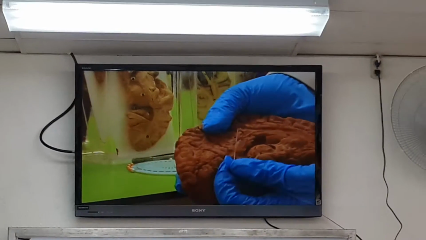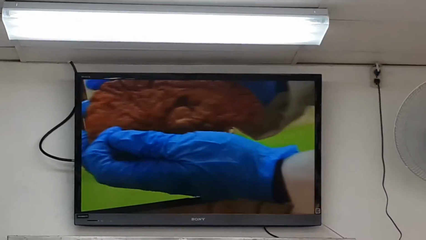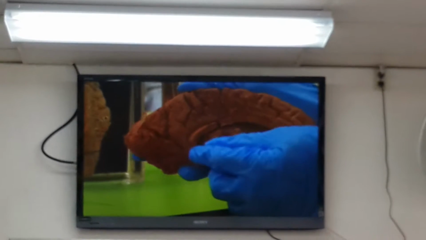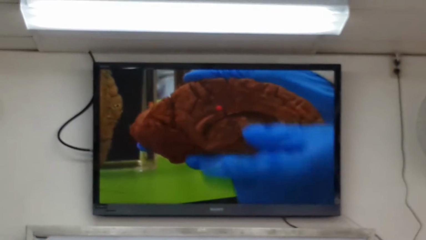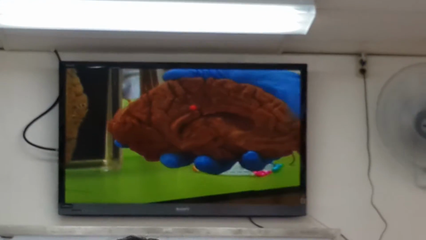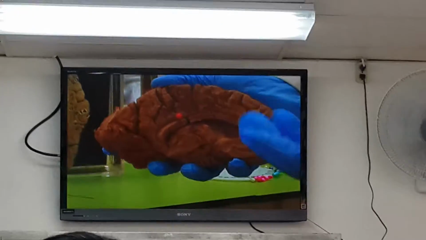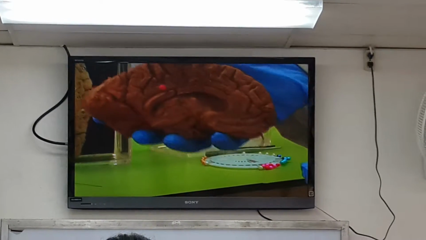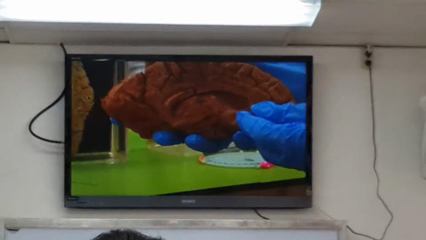Next, we look at the white matter of the cerebrum. Already you know the corpus callosum. It's a bundle of commissural fibers. What are its parts?